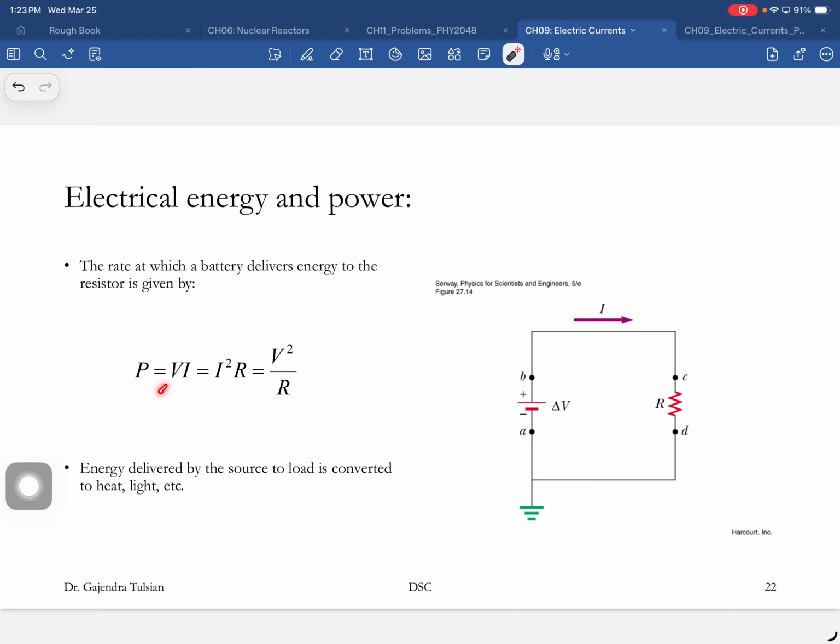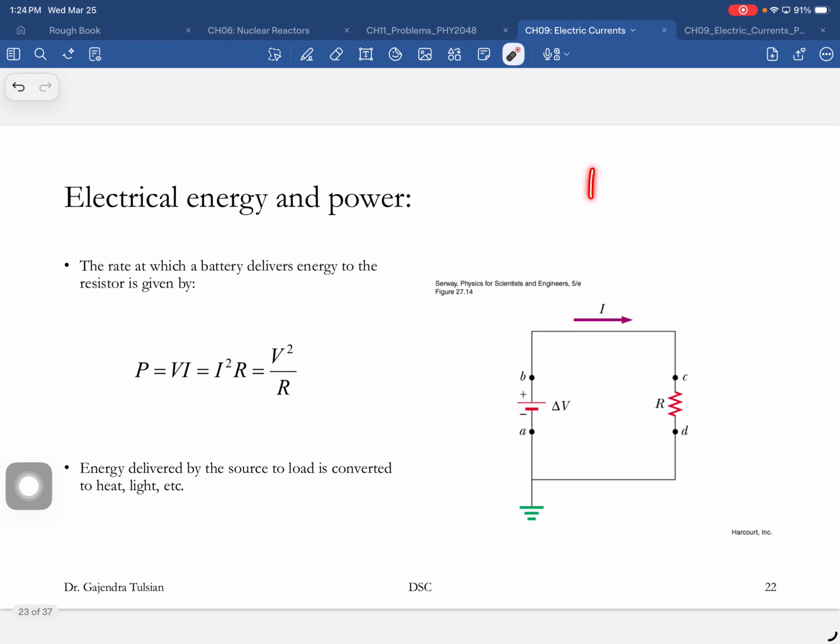So that's the rate at which the battery delivers power, and that's the rate at which power is delivered to the load. So power is V times I. The rate at which energy is being delivered is the voltage across this times the current flowing through it, or I squared R, or V squared over R, voltage across this, and so on.